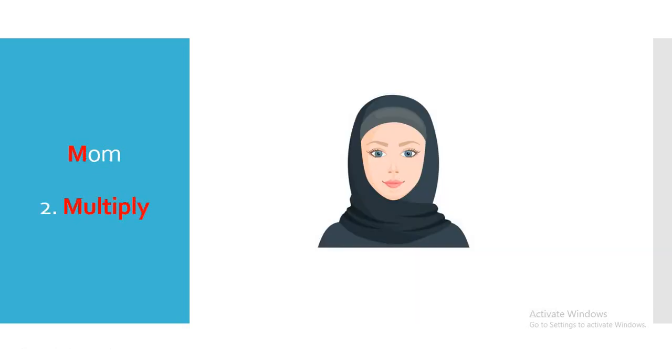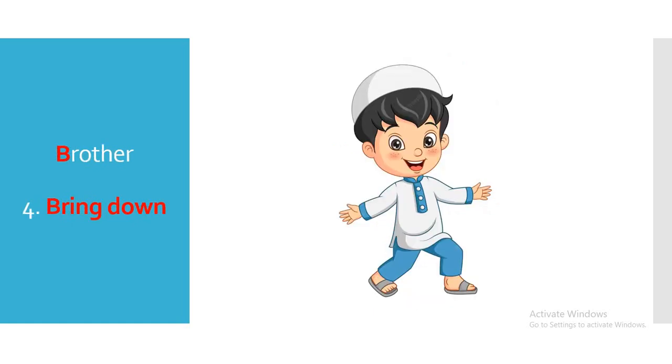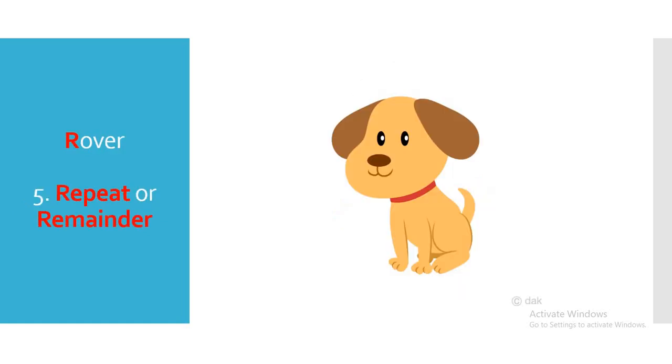Mom will help us to multiply, which is the second step. Sister will help us to subtract, which is the third step. Brother will help us to bring down, which is the fourth step. Finally, Rover will help us to repeat or find the remainder.